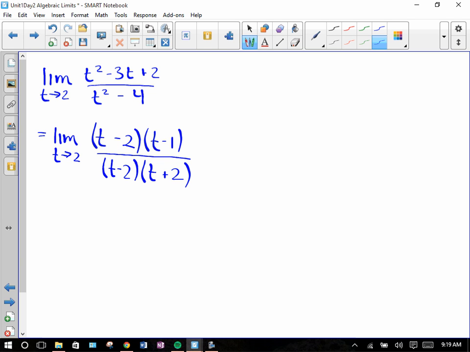Alright? Why do we do that? Because we plug in the 2 here, and we get 0 over 0. So we know there's something that's causing this to be 0 when I plug 2 in. Since it's quadratic functions in the numerator and denominator, that tells me that there's a factor making it equal 0 when I plug 2 in.